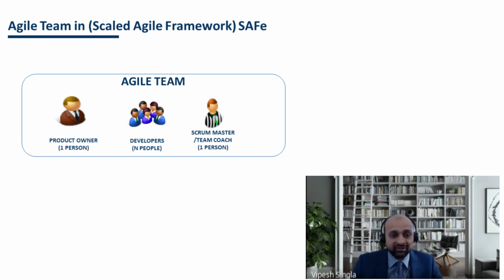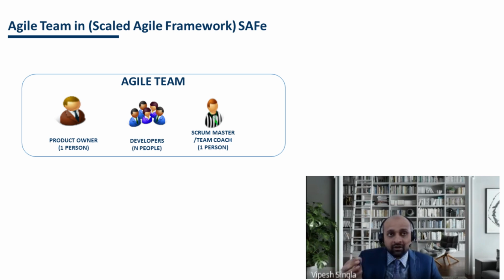Then this agile team applies built-in quality practices for technical agility. So from the beginning, the team concentrates on the quality of the product they are building, and they deliver value after every iteration. Iteration is almost like a sprint.